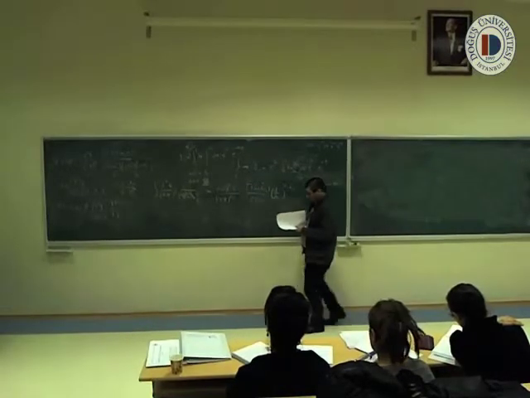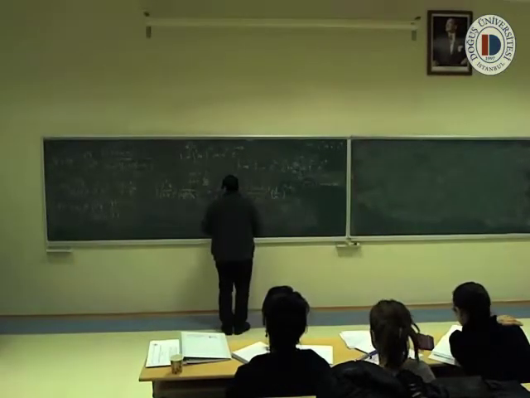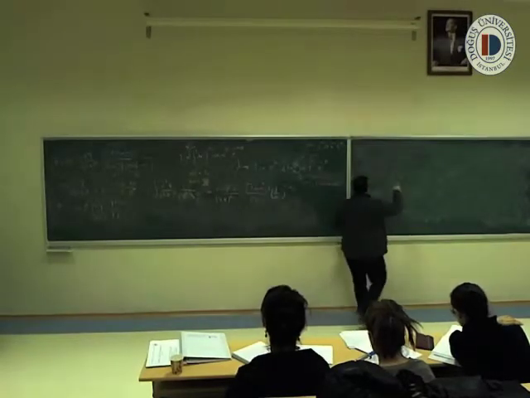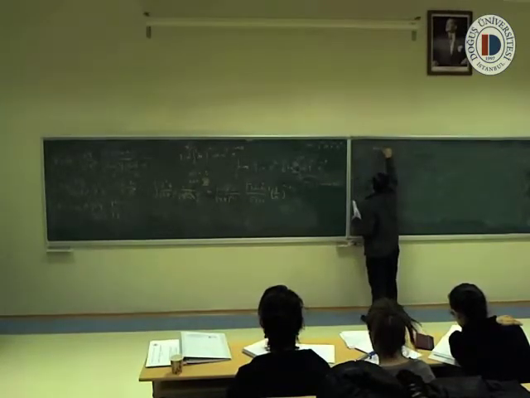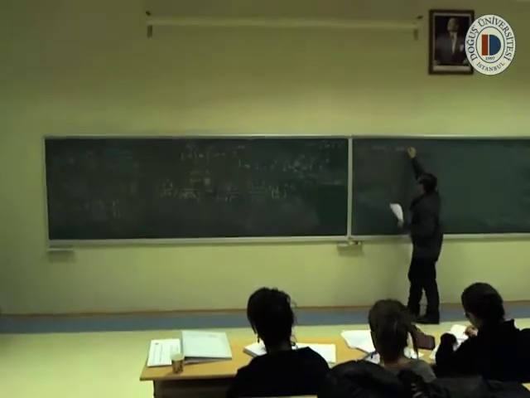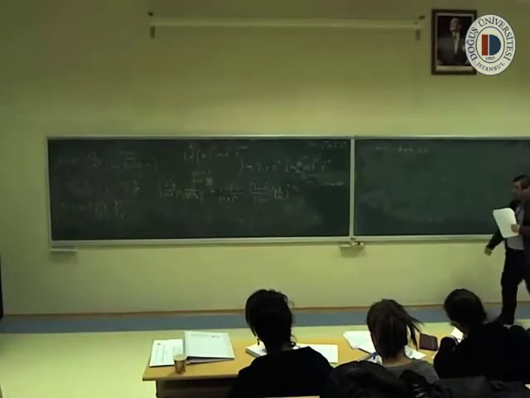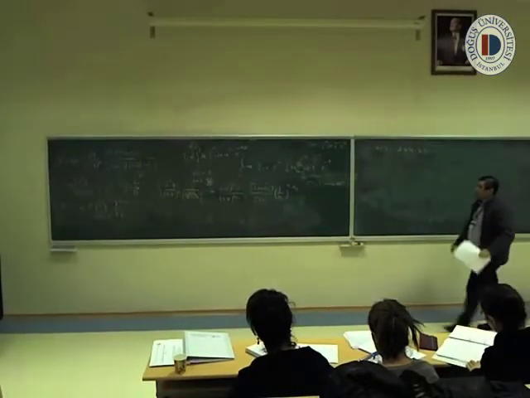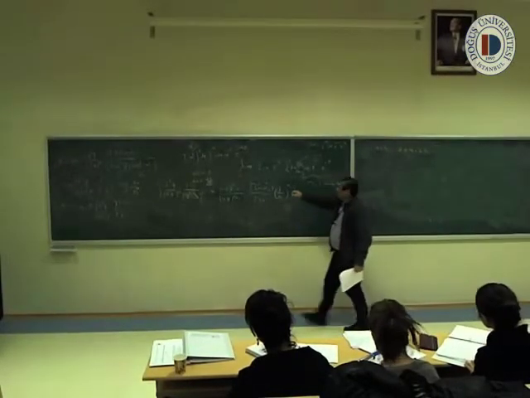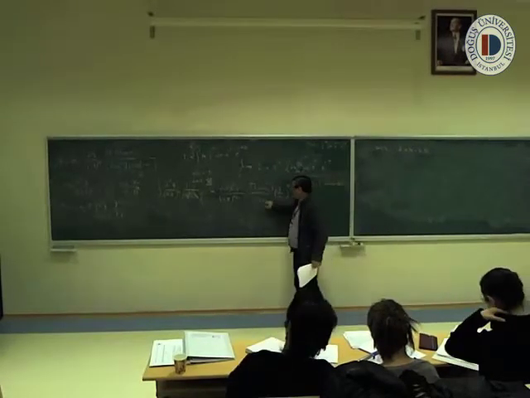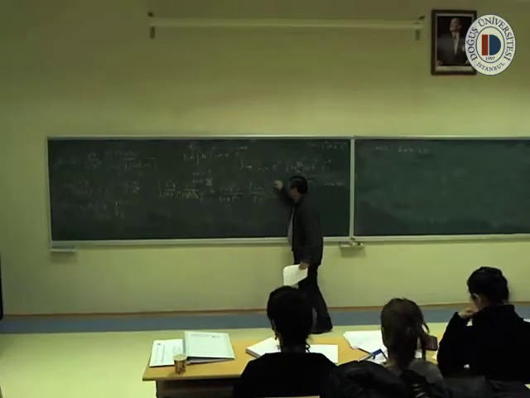Now to get rid of this divergence in 4 dimensions, we have n equal to d, and we set d equal to 4 minus 2 epsilon. So this part is finite, only here we have divergence.